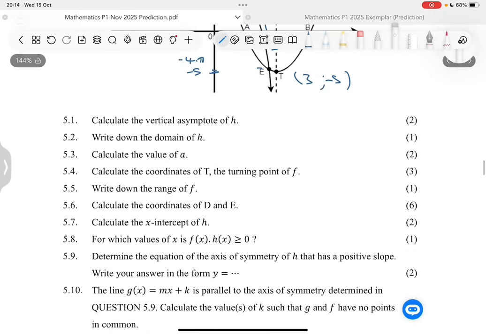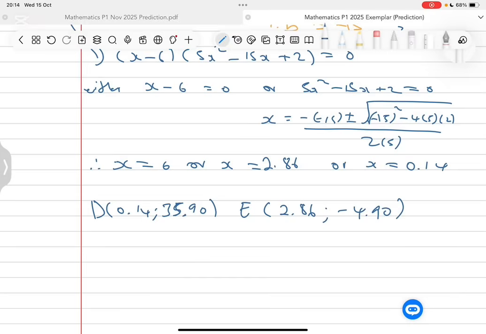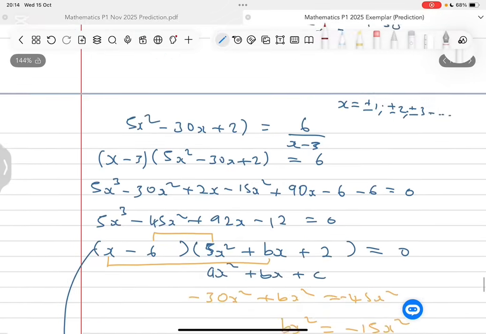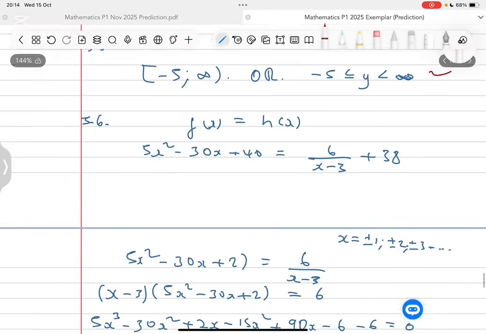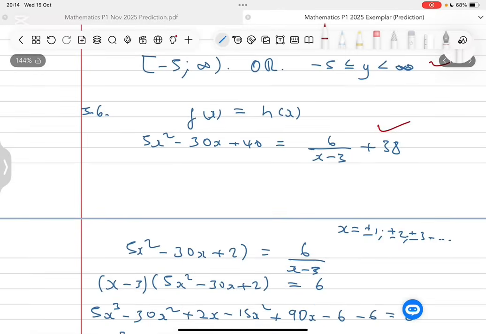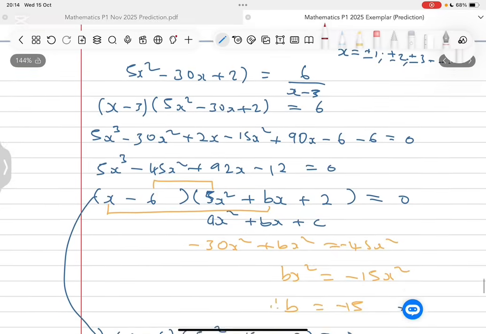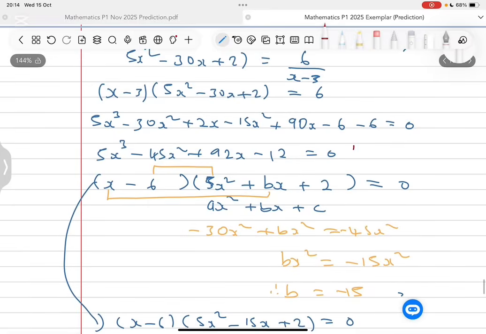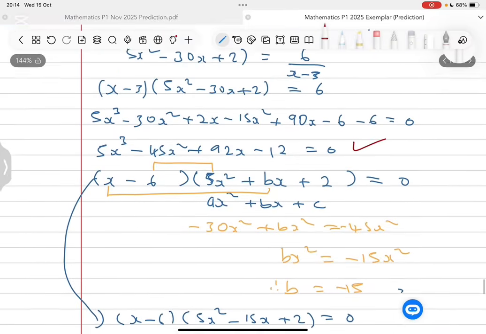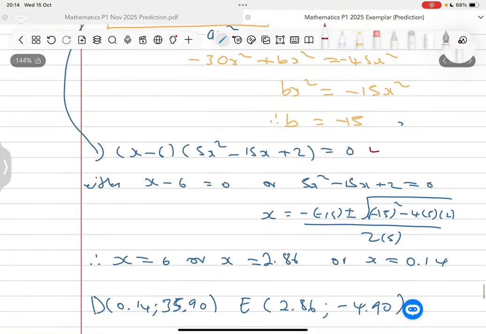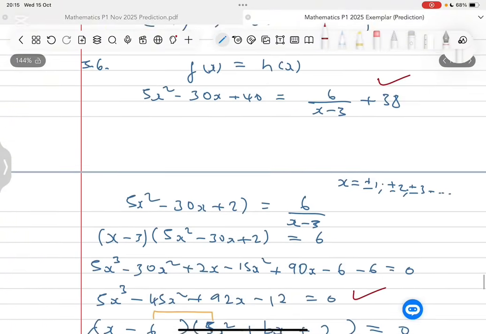And this is quite a lengthy problem. It is worth 6 marks. You would see that your 6 marks will really come from putting this statement together, being able to see that the y values are the same, that the two functions are actually intercepting each other. You will get a mark for writing the cubic form, and a mark for being able to factorize this.